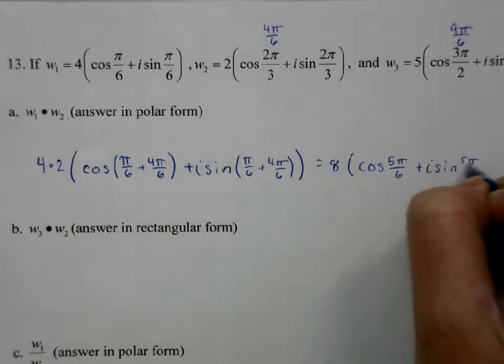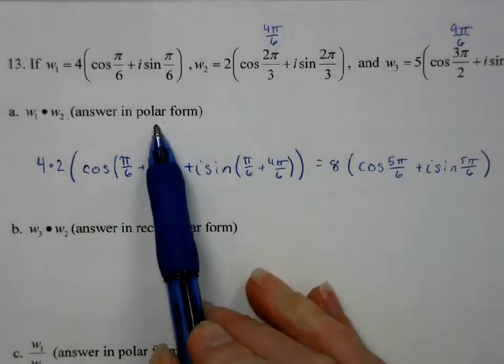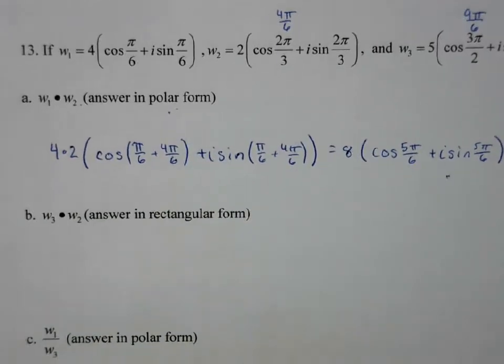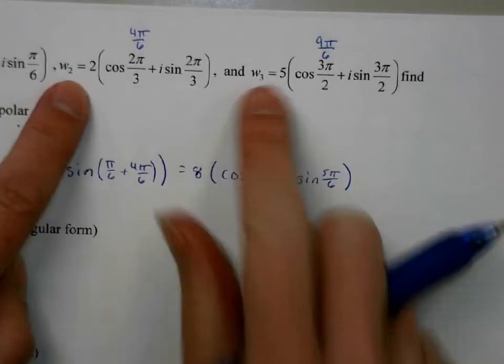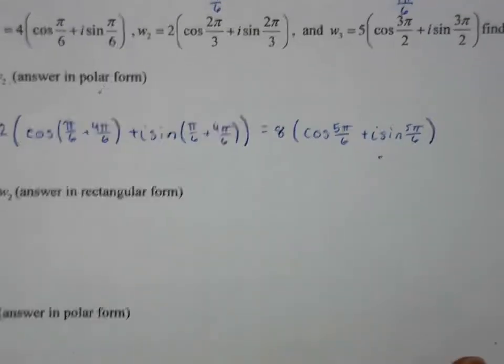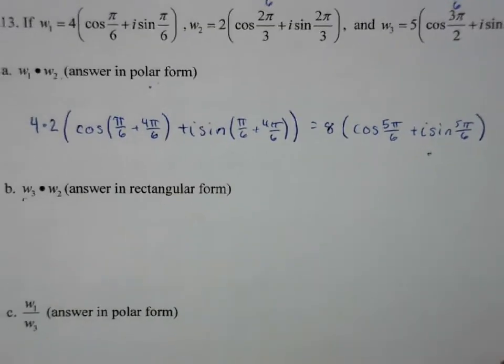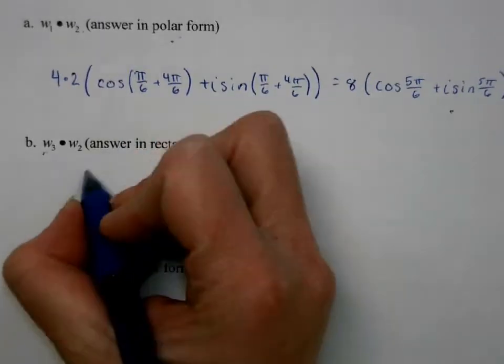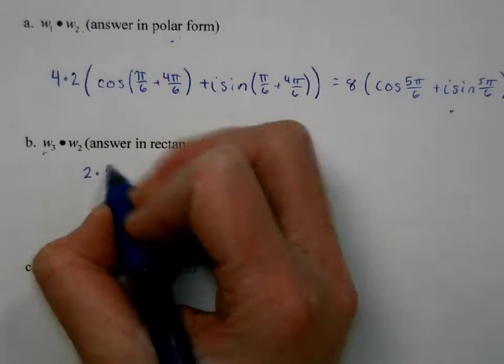Okay, the next one, W3 times W2. So now we're going to be multiplying these two. This time we're going to answer in rectangular form. So I'm going to multiply the two r's, which are 2 and 5, and then add the two thetas, whose common denominator is 4 pi over 6.